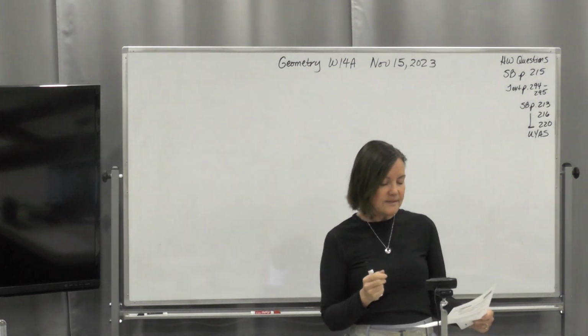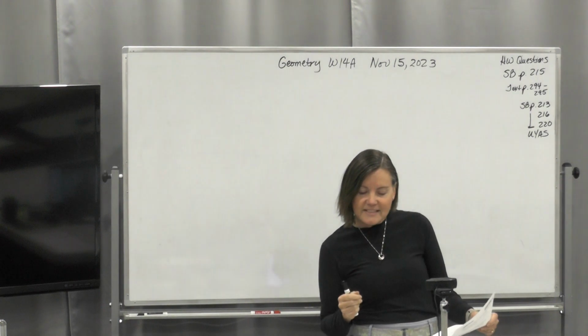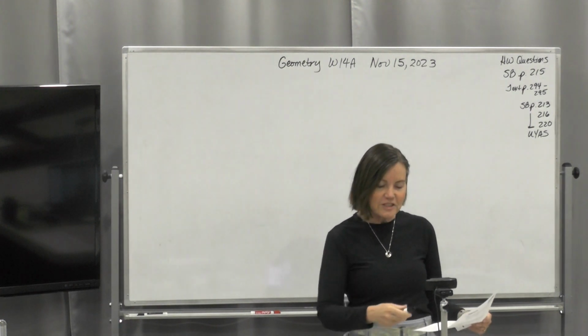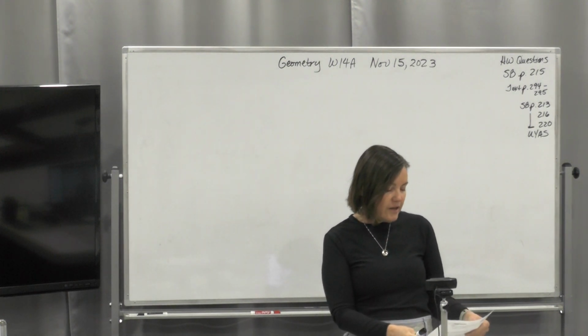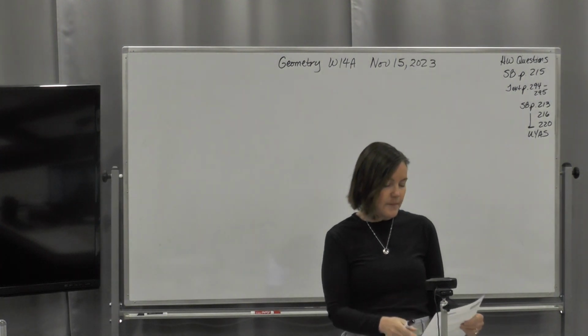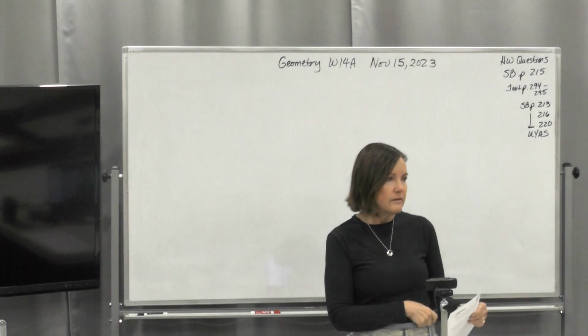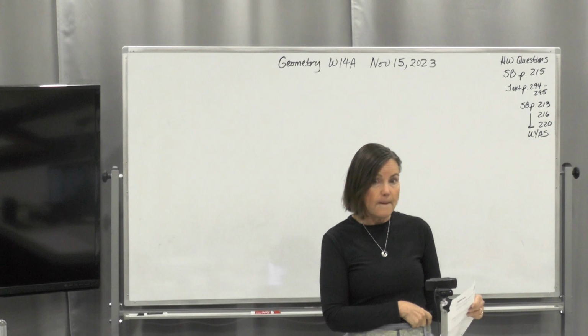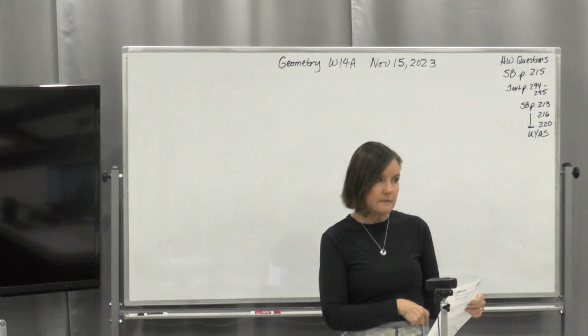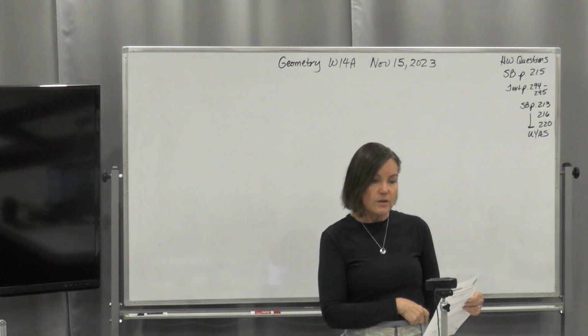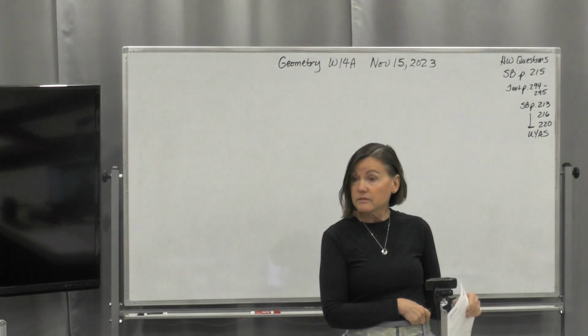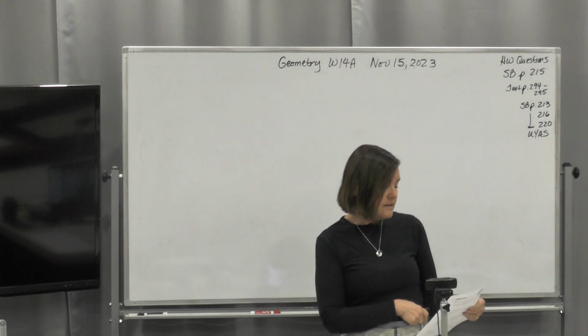Look at the rhombus. That's rhombus ABCD. I'm watching the chat bar too, guys. Are the diagonals perpendicular to each other? Yes. Do they bisect each other? Yes. Why?